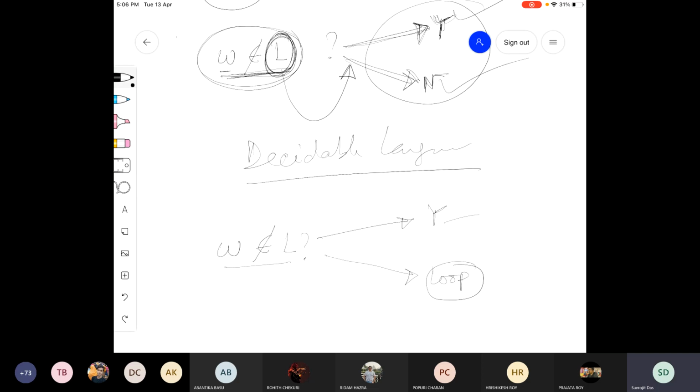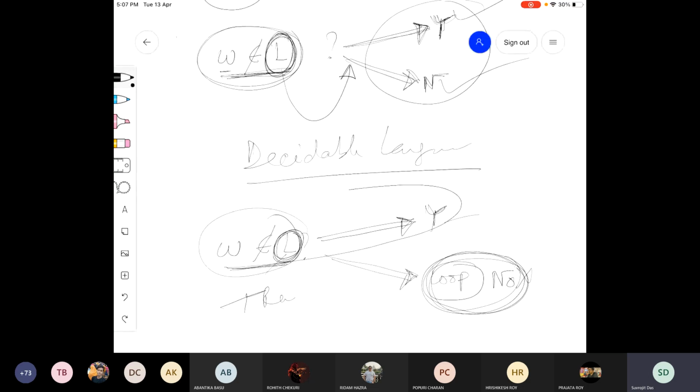It may come towards rejection, but it may start looping again, so it cannot deterministically say no. All those language classes for which a Turing machine can say yes if a string belongs to that language, but if a string doesn't belong, the Turing machine loops and cannot say no, are called Turing recognizable, because it recognizes if yes, but cannot decide if no. Got my point?